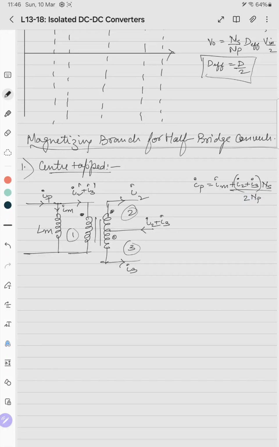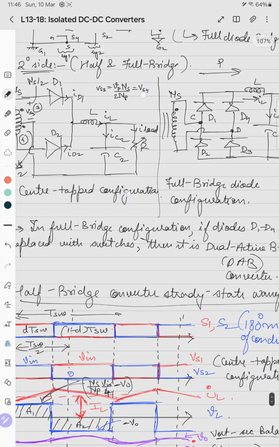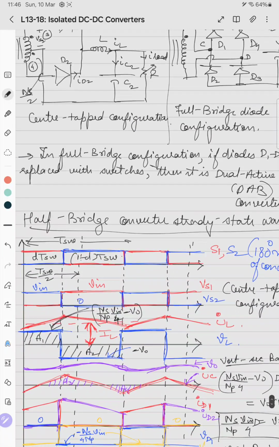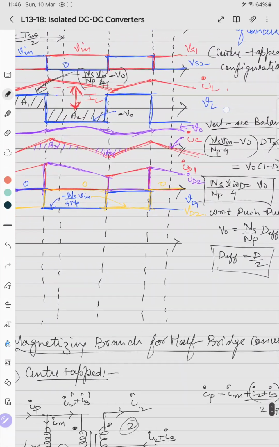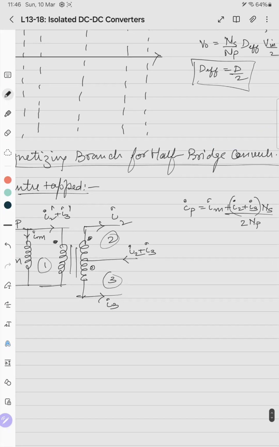Ns is Ns by 2, so it will be like this. If we transfer a voltage from primary to secondary, the voltage across secondary is Ns by Np. If we transfer the current to primary, then it will be Ns by 2 divided by Np, because each of them is Ns. So I2 dash is I2 into Ns by 2Np, and I3 dash is I3 into Ns by 2Np. So I have taken Ns by 2Np as common. This is the IP current.